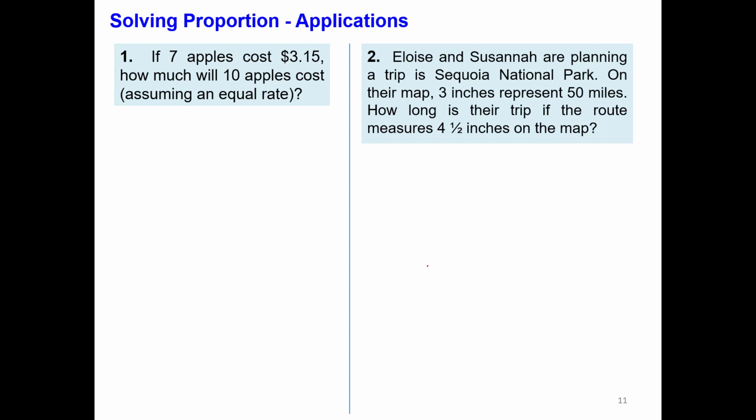When we have a word problem, the important thing is, if we have apples on top, then in both proportions our apples must be on top. And if we have the cost, or the dollars, in the denominator, then in both proportions that quantity must be in the denominator.